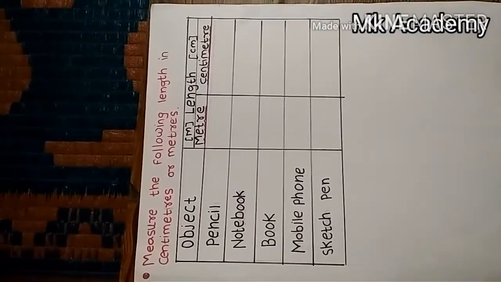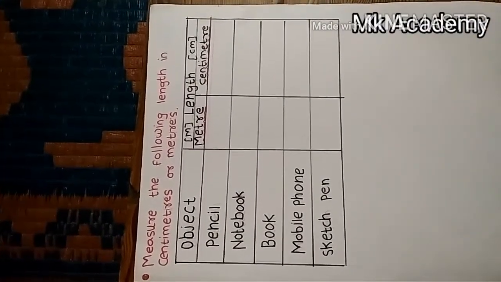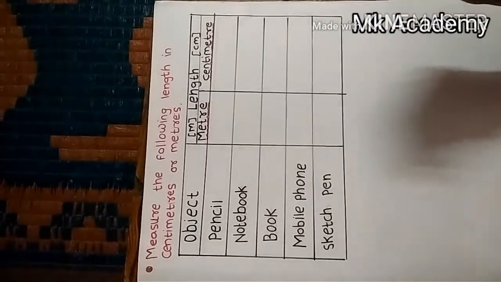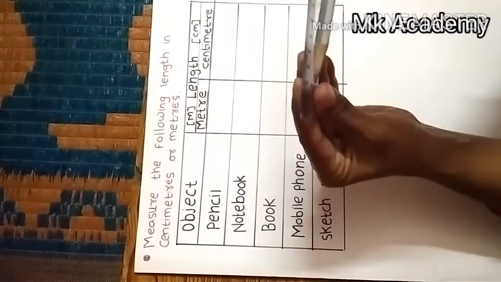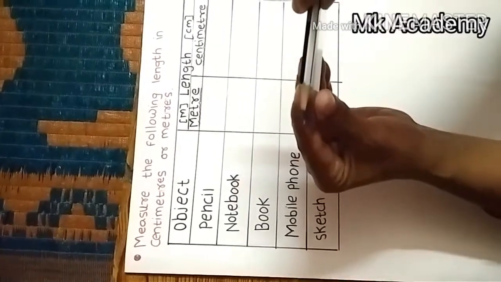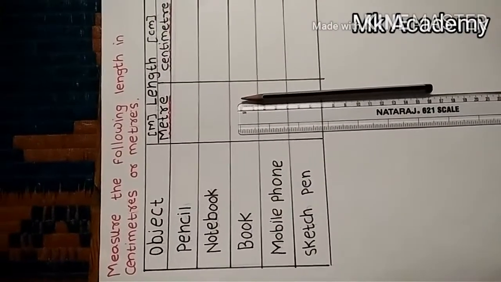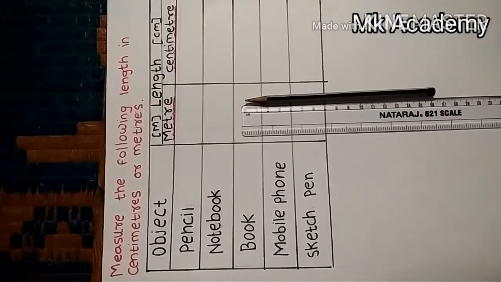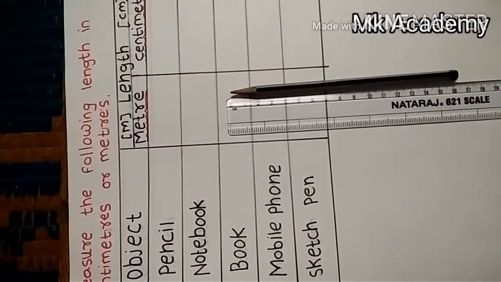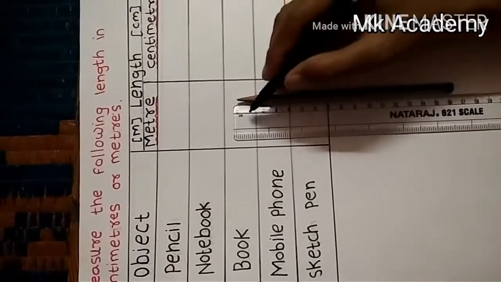The first is a pencil. To measure the length of the pencil, we first put one end of the pencil on the 0 mark. Now observe the reading at the other end. Right, 16. The length of the pencil is 16 centimeters.